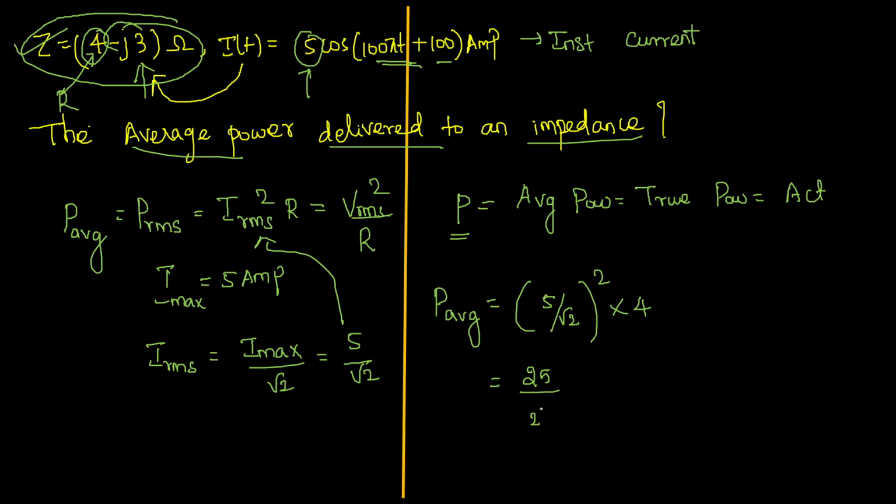Root 2 can be written as 2 power 1 by 2, and whole square means the square and the 1 by 2 get cancelled, into 4. If you observe carefully, it becomes 25 into 4 upon 2. Twice of 2 will be 4, and 25 times 2 will be 50 watts. So what is the correct answer? The correct answer is 50 watts. I hope you all have understood this.